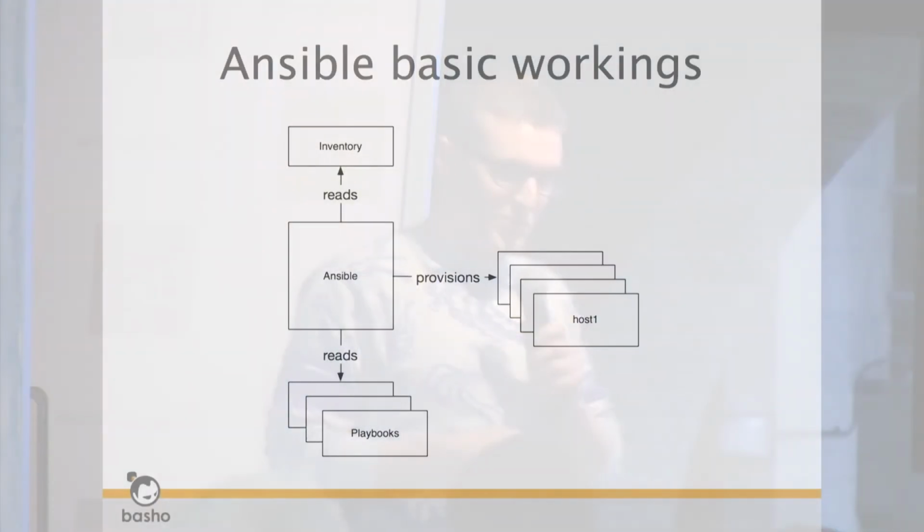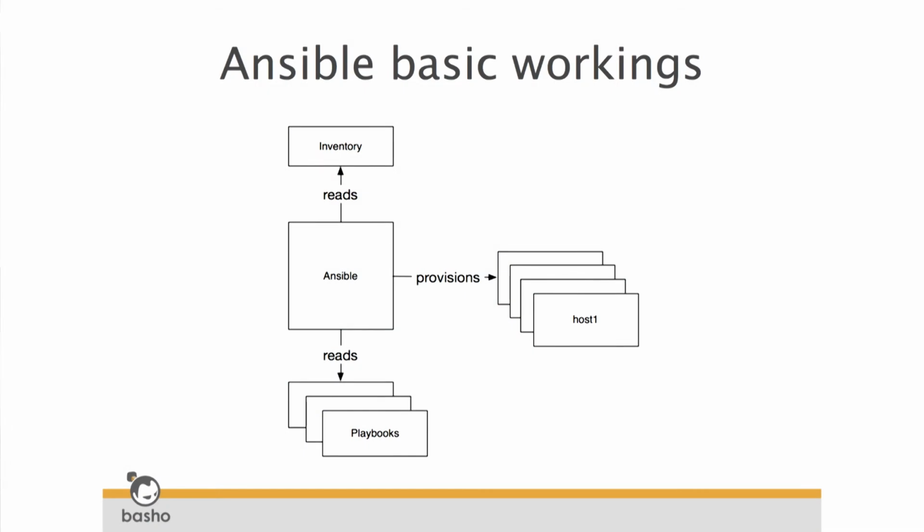Basic structure of Ansible, at least as far as it relates to us. You've got an inventory file which specifies a bunch of hosts that you want to use it on, the SSH connection parameters, etc. It's a really straightforward file. Ansible itself is written in Python. You just install it.